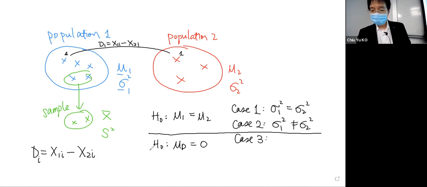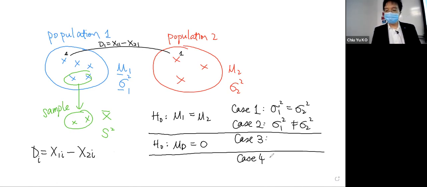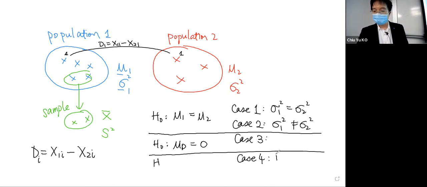Today we cover case 4, where we talk about proportion. Instead of the mean, it is a special case of binary data. We are still talking about pi 1 equal to pi 2.